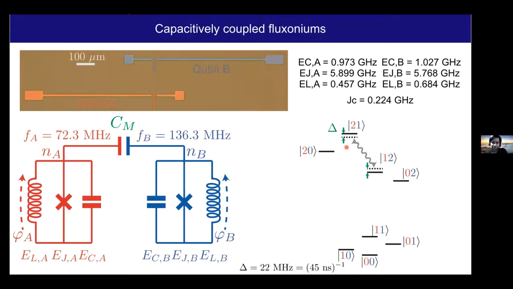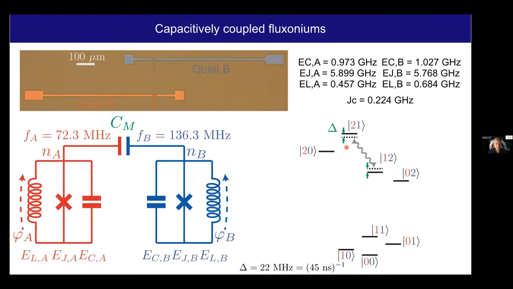Very nice. So I see Per Delsing. Yes, thank you for a very nice talk. Very impressive data. So I wonder, have you measured the excited state population of the qubit? No, actually. We have a single shot readout in the computational subspace, but we don't resolve the blobs of the second excited state, if that's the question.